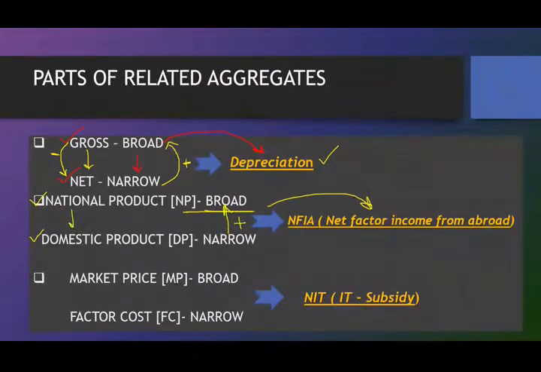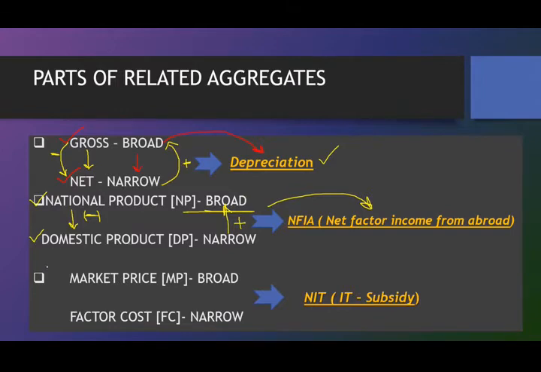Again, if I want to move from national product to domestic product, I need to deduct the difference, and that difference is only the NFIA. NFIA stands for net factor income from abroad. The production which is generated outside the country, that we need to check. NFIA stands for net factor income, the income which is earned outside the country but is part of the country. That is why national product is the broader term, and DP is the narrow concept, that we also need to check. So NP includes NFIA, DP excludes NFIA.